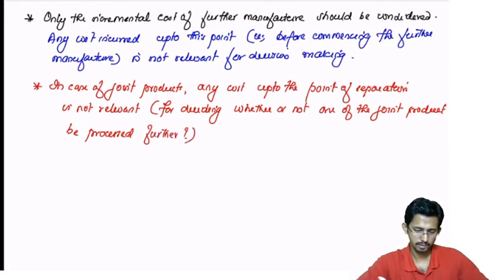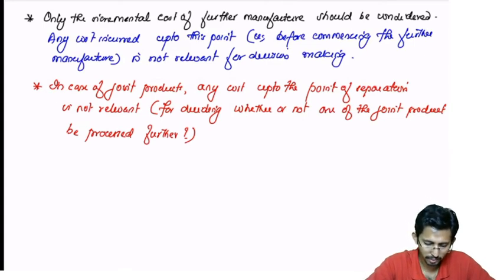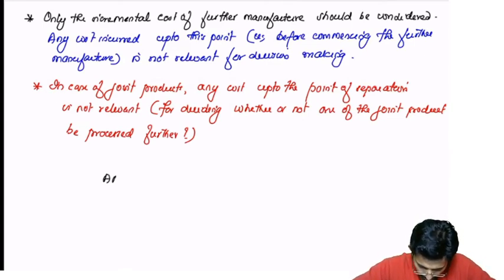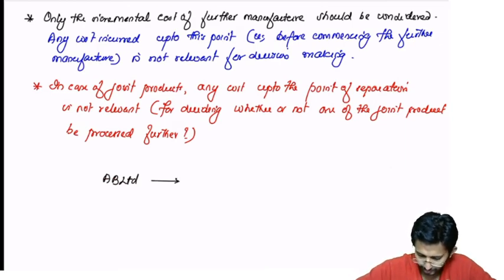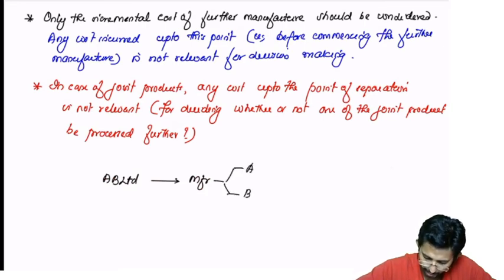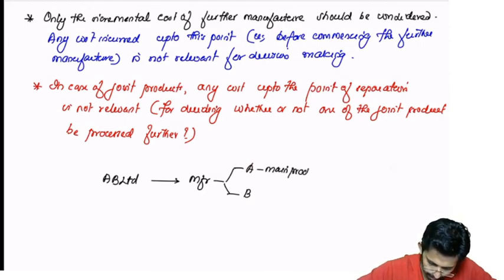Okay, what does it mean? Suppose AB Limited is doing certain activity and certain manufacturing. Due to result, you are getting two products, product A and product B. This is the main product, sold at rupees 100 per unit.